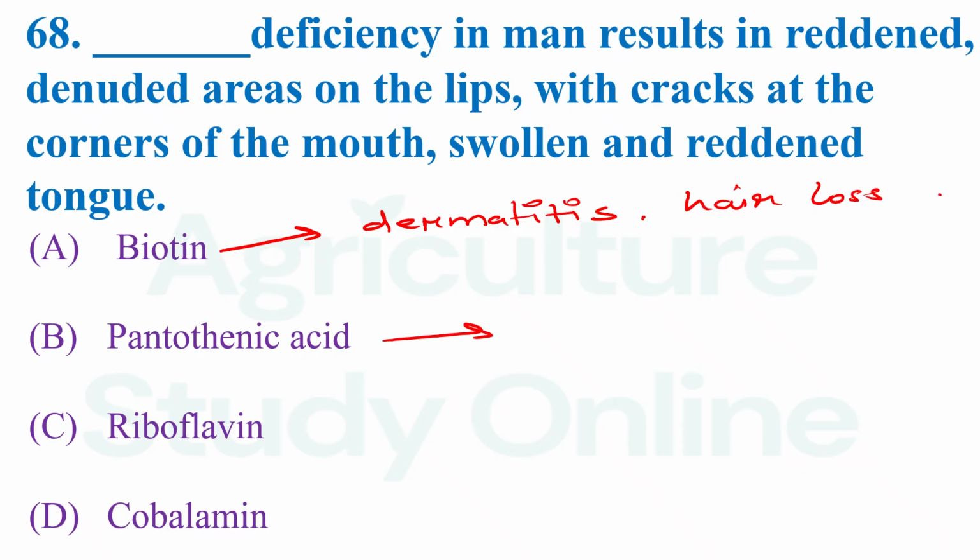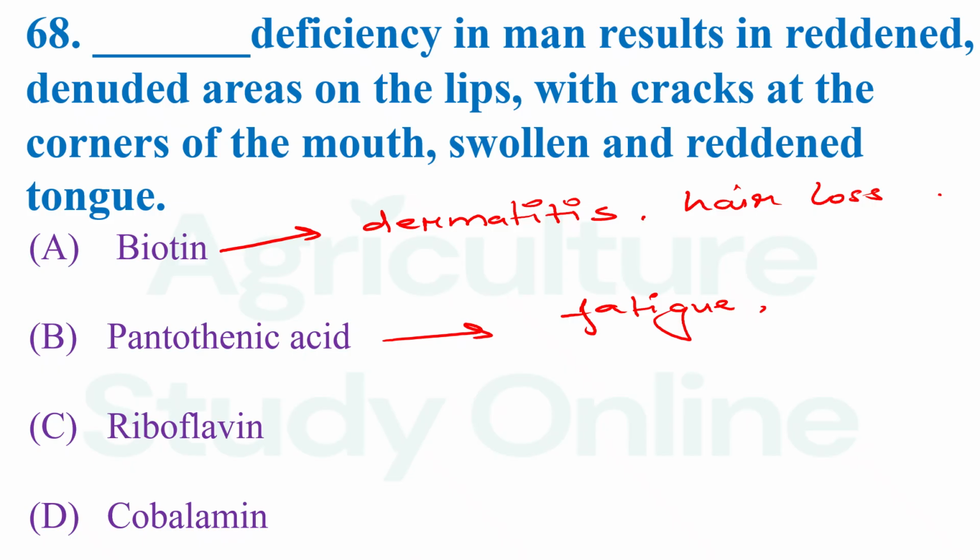Pantothenic acid causes fatigue and burning feet symptoms. Riboflavin causes reddened lips or a swollen red tongue.